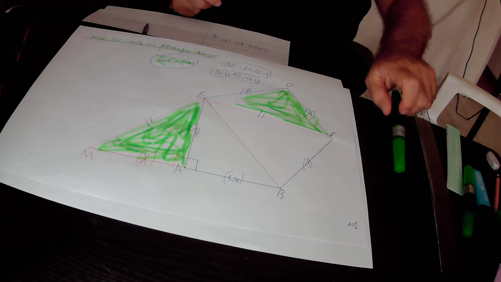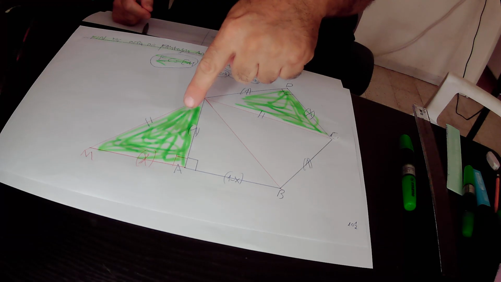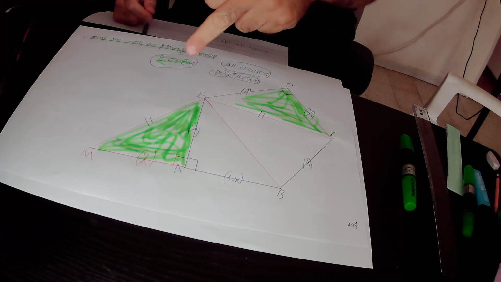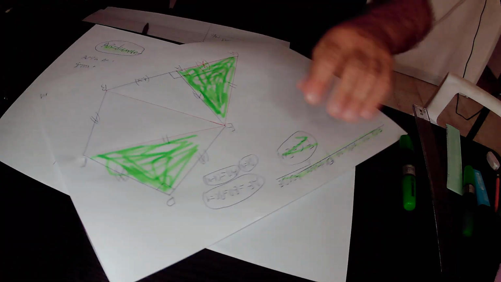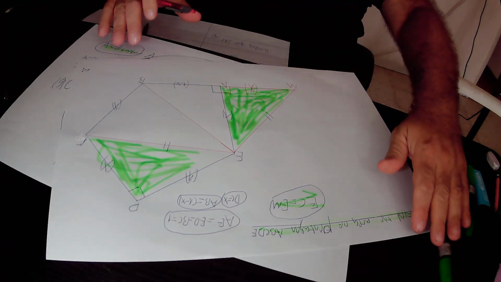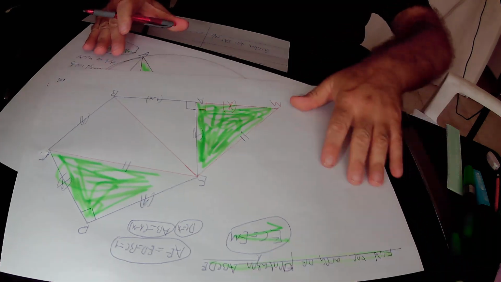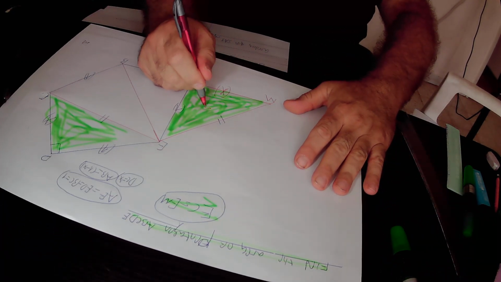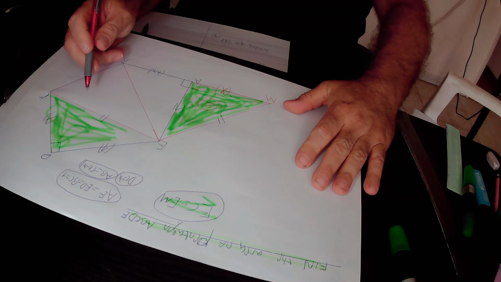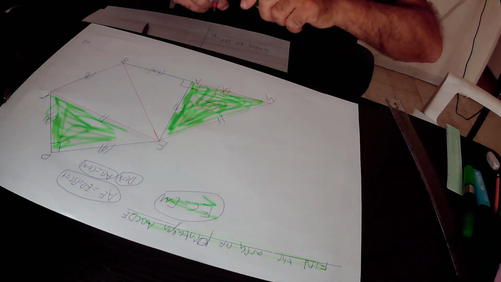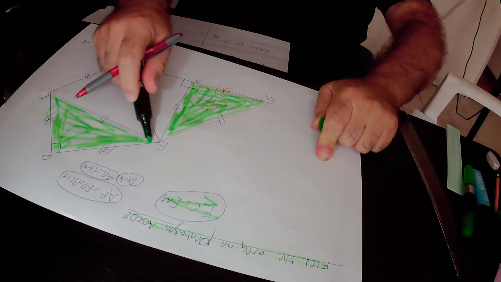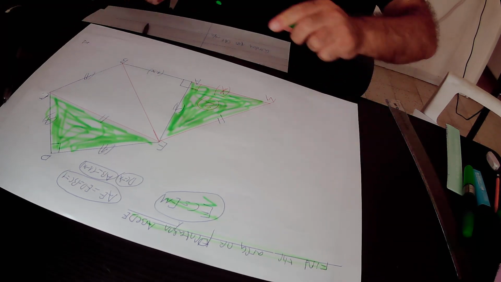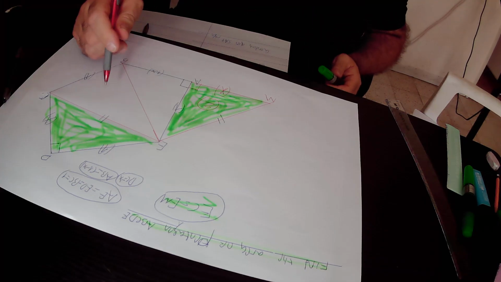So if we define the area of this right triangle EAM as Z, that is to say the area of this triangle EAM is equal to Z squared in its size, then the area of this right green triangle EDC must also be equal to Z squared in its size because they have the same areas.